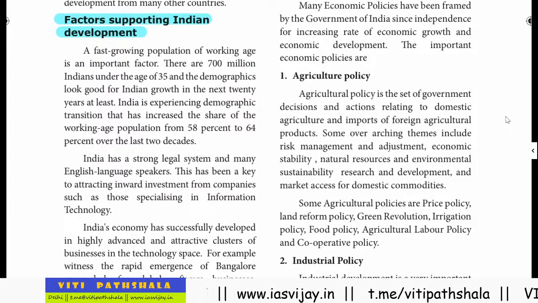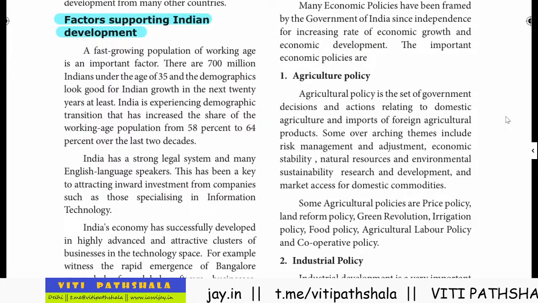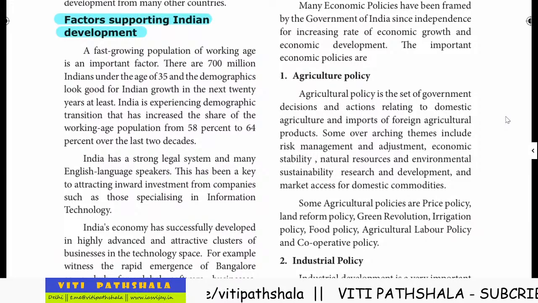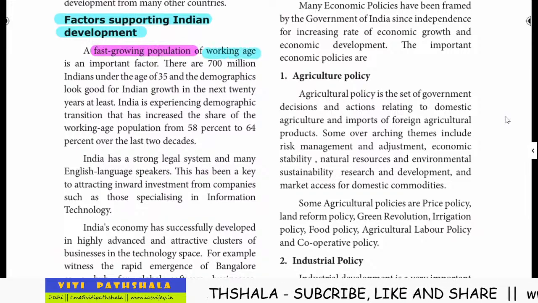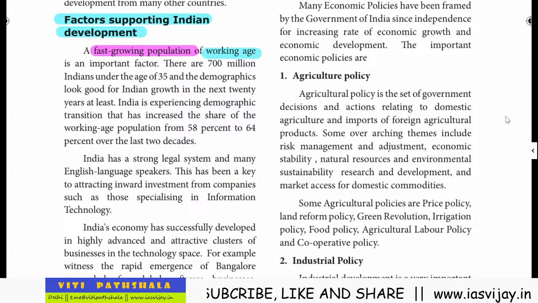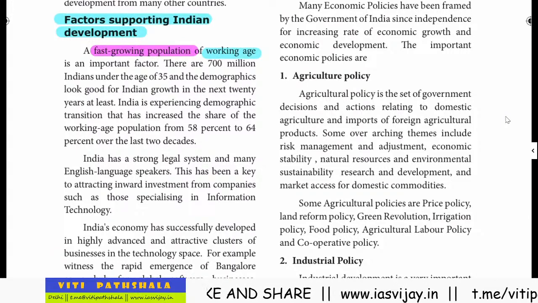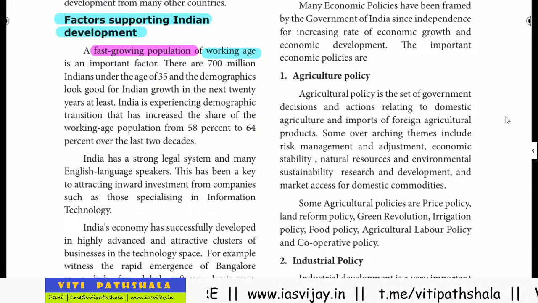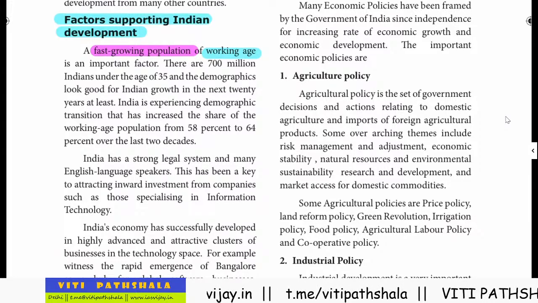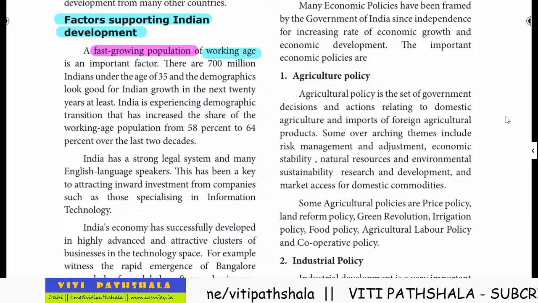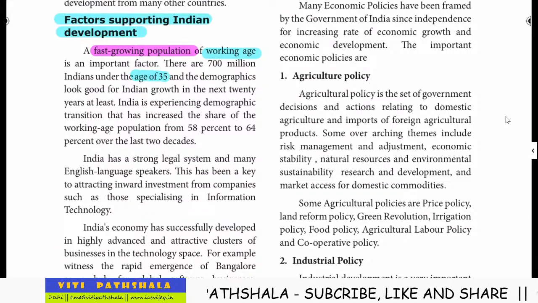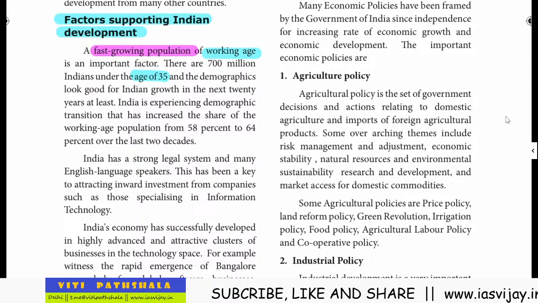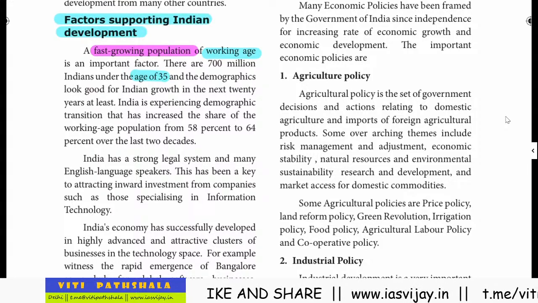A fast growing population of working age is an important factor. India is in that group at this time, so our Prime Minister's focus is on improving that only. There are 700 million Indians under the age of 35, and the demographics look good for Indian growth for the next 20 years at least.